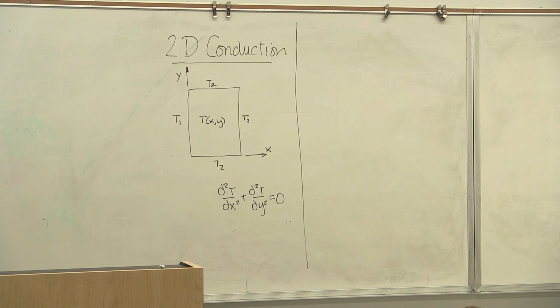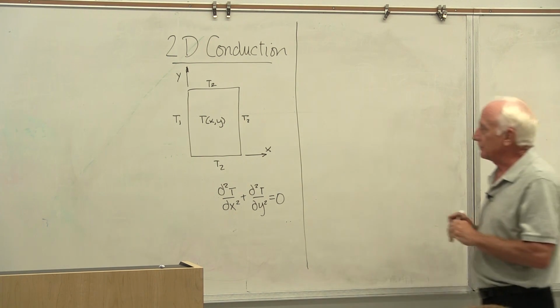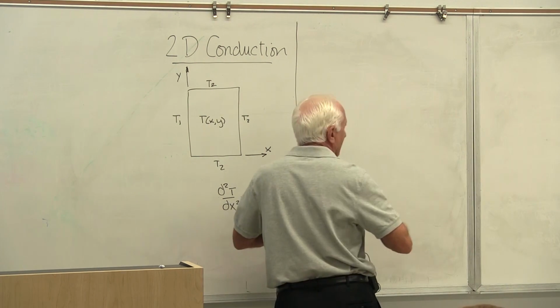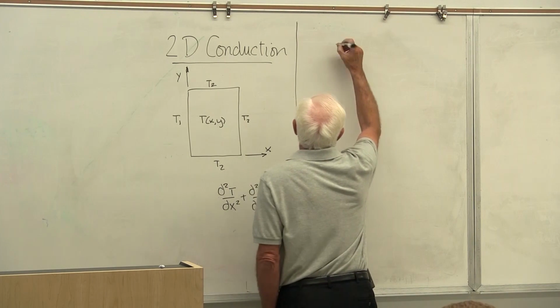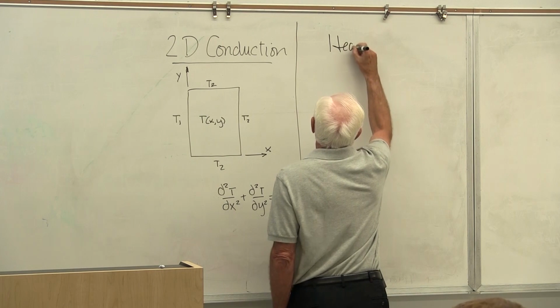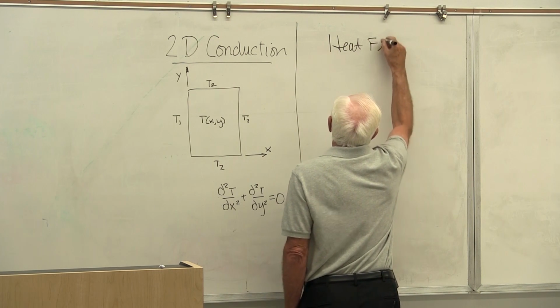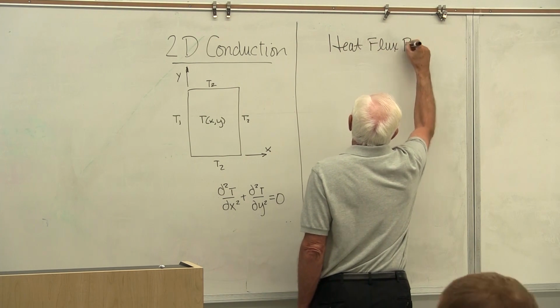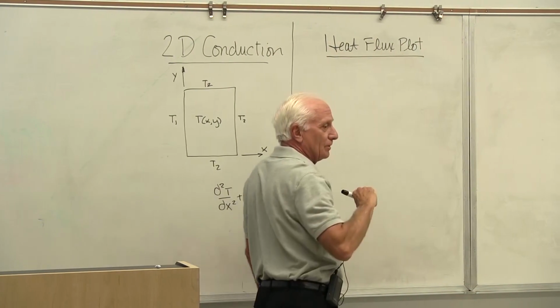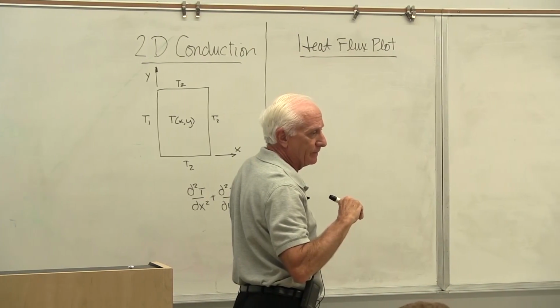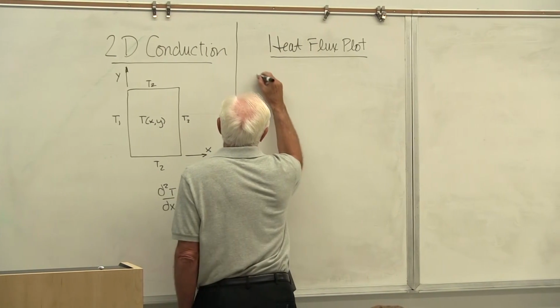Okay, so there's a set of rules for constructing a graph. We call that a heat flux plot. So the graph is called a heat flux plot. The plot is a plot of temperature lines and heat flow lines. The temperature lines are called isotherms.